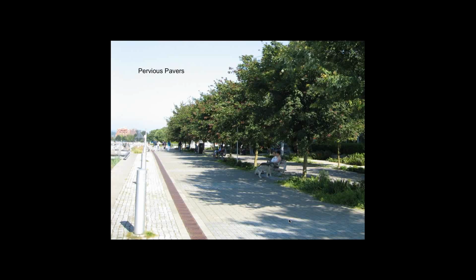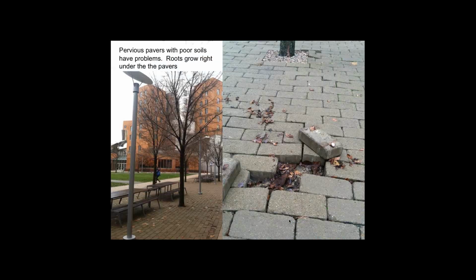I think the best way to deal with that is a pervious paver system on top of the Silvacells, where the water can go directly down into the system. And pervious pavers come in all different effectiveness, so you need to pick one that will stay pervious for a long period of time.